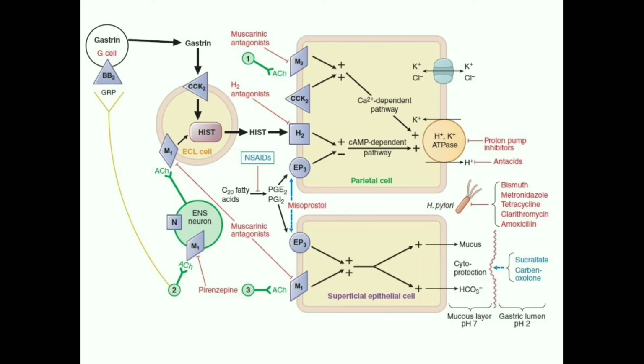Then there are prostaglandin receptors also present on these parietal cells on the basal side. Apart from it, receptors for histamine, for gastrin and for acetylcholine are also present here.